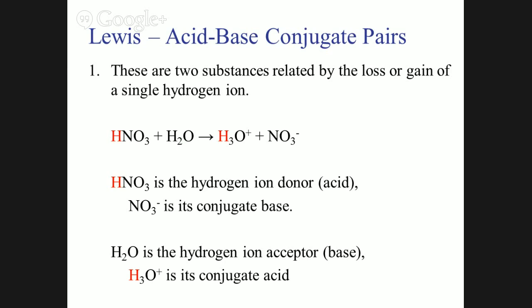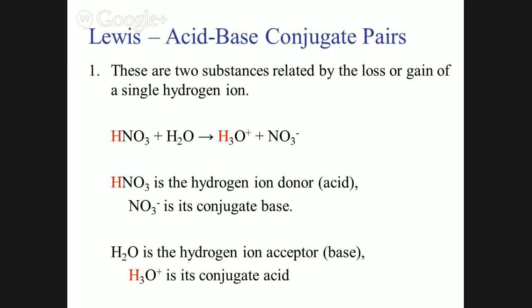So there'll always be two pairs of acid-base conjugate pairs, because on one side, something has to be donating. On the other side, something has to be receiving. So the donating one is considered the acid. The receiving one is considered the base.